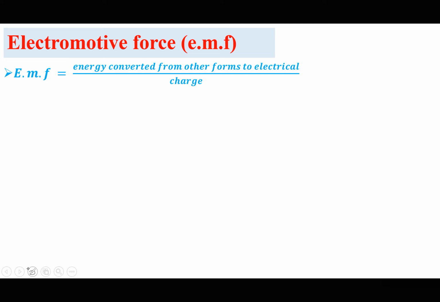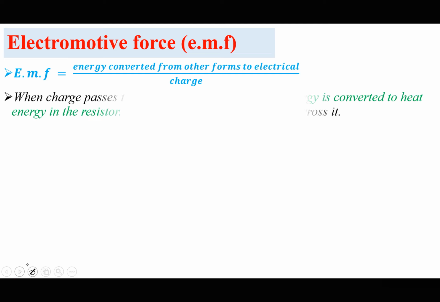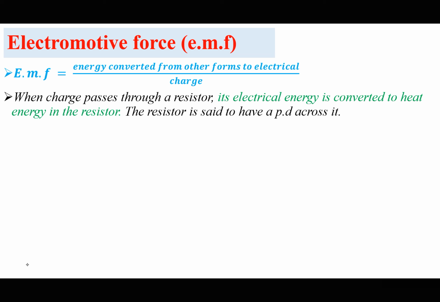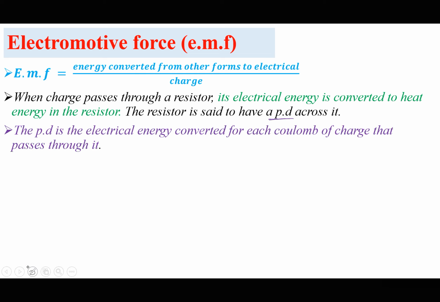If the power supply is a battery, this energy is converted from chemicals. So when the charge passes through a resistor, its electrical energy is converted to heat energy in the resistor. This is said to have a PD across it. And the PD is the electrical energy converted for each coulomb of charge that passes through it. So that is the PD.